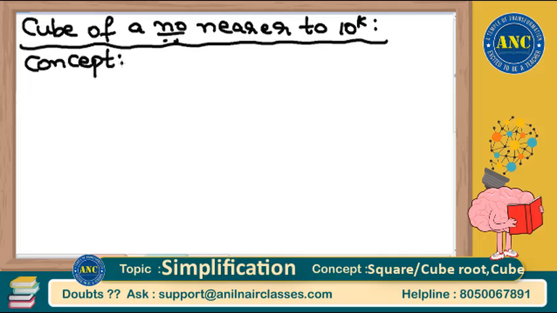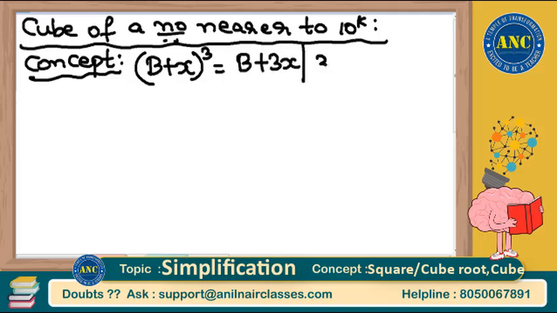Very, very easily. The concept used here is b plus x whole cube. b plus x whole cube is given by b plus 3x slash 3x square slash x cube, where x cube and 3x square, last two positions should have k digits.